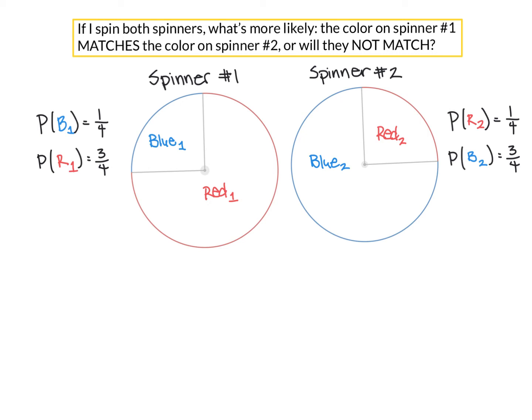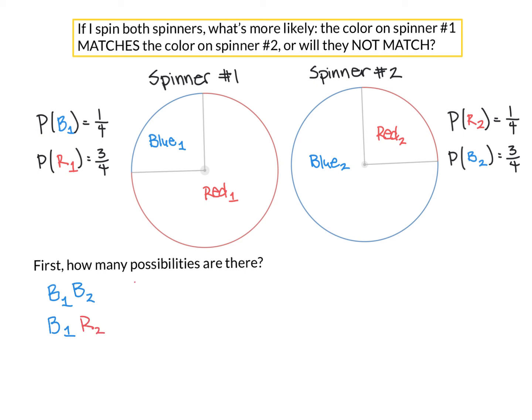So what we need to do is go through all of the possibilities. What I mean by that is, how many different outcomes are there? I would argue we've got several possibilities. If I land on blue 1, then I'm either going to get blue 2 or red 2.